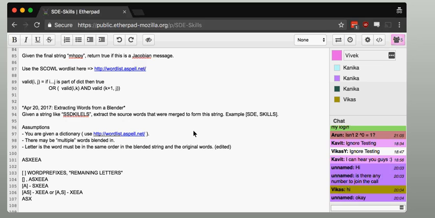Then the next one becomes ASX, comma, EA, or AS and X, EA, or A, SX, EA, or A, S, X, and EA.